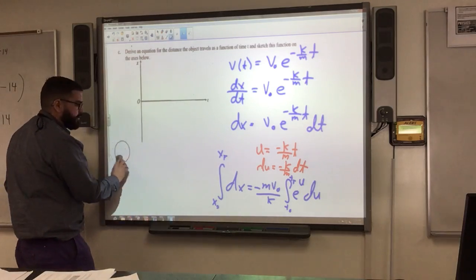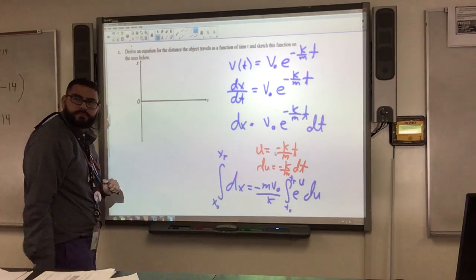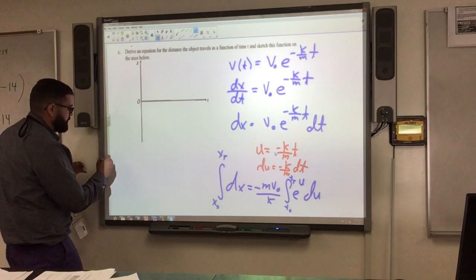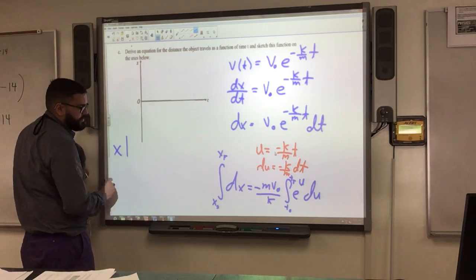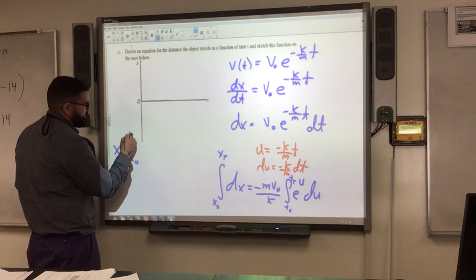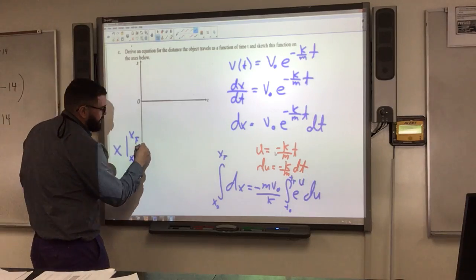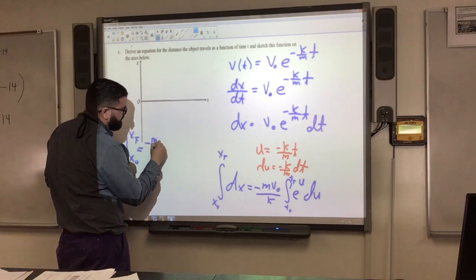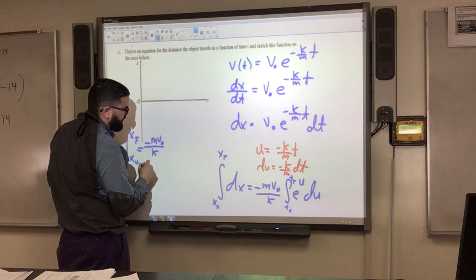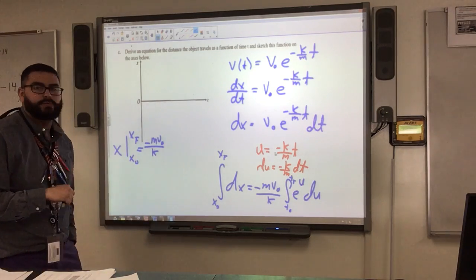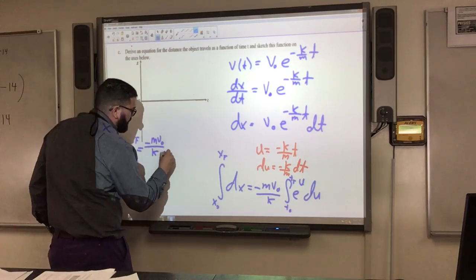Okay. So what is the integral of dx? X. Okay, so x evaluated between x initial and x final. Okay, that's this side. Equals. On that side, I'm going to get negative m v naught over k. And then what's the integral of e to the u? E to the u.